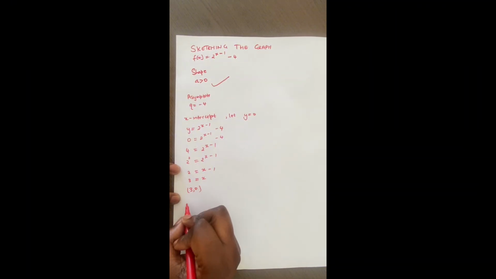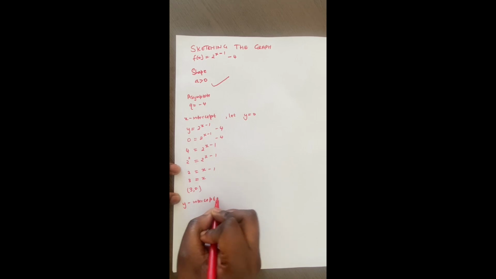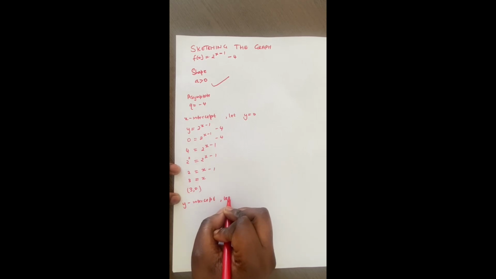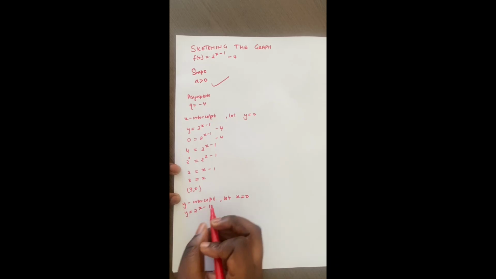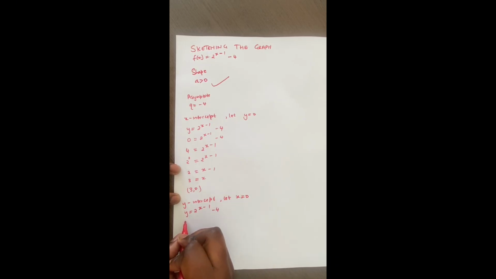Okay, so the point is (3; 0). So for y-intercept, you let x equal to 0. So it's going to be y is equal to 2 to exponent x minus 1 minus 4. So y is equal to 2 to exponent 0 minus 1 minus 4. Alright, so y is equal to 2 to exponent negative 1 minus 4. Alright, 2 to exponent negative 1 is 1 over 2.